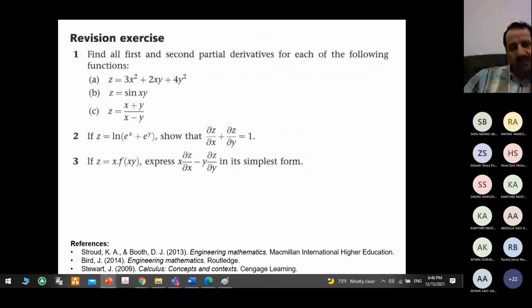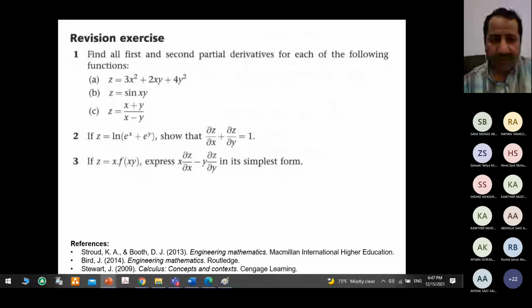z equals sine xy. If I ask you to differentiate with respect to x, what will you find? What do you think? Minus cosine y.